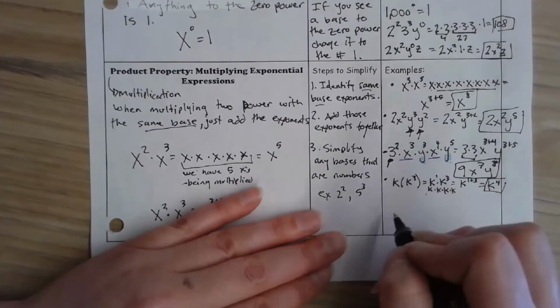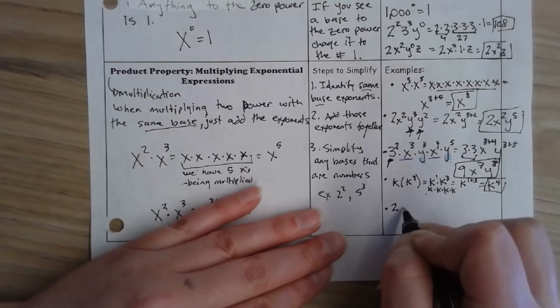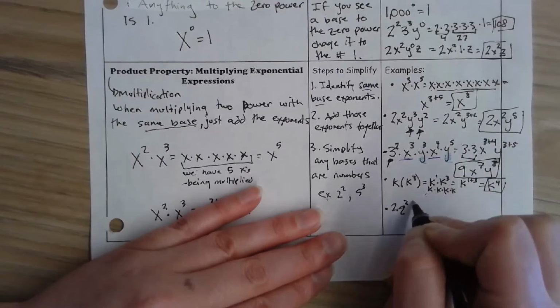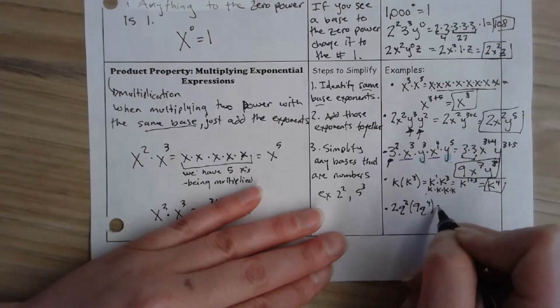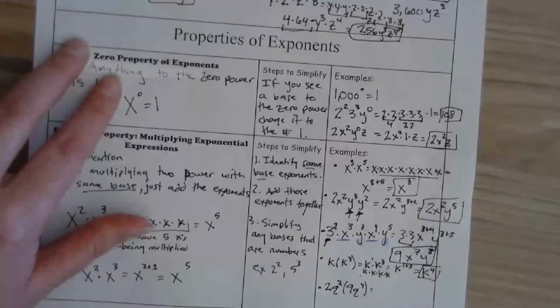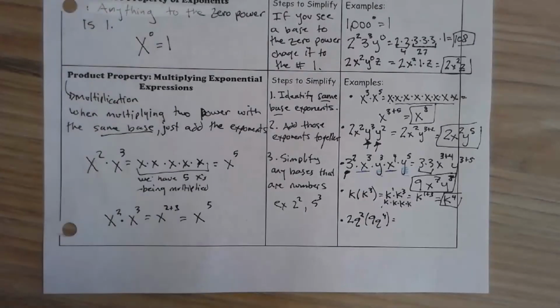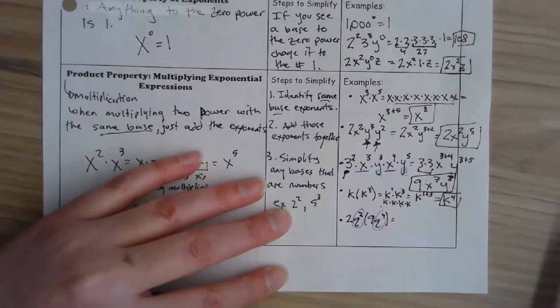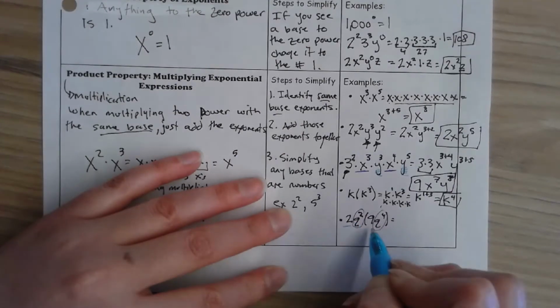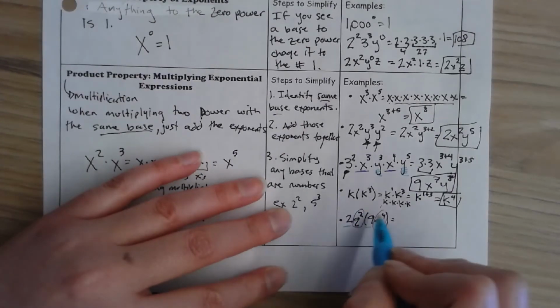Last one. 2q squared times 9q to the 4th. Okay, we've got two things going on. We've got our q's, they're the same, and then we have two numbers. They're not the same, but we're multiplying.